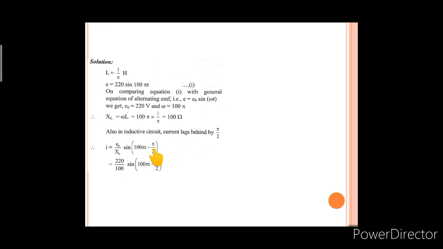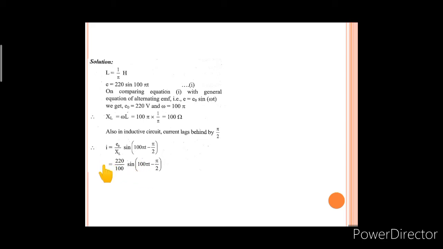Now, let us substitute the values of E0 and XL in the equation for the instantaneous current, I is E0 upon XL into sin omega t minus pi by 2. Here we substitute E0 as 220 volt, XL as 100, and omega t as 100 pi t.